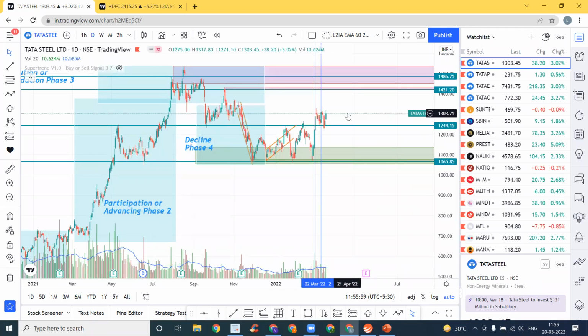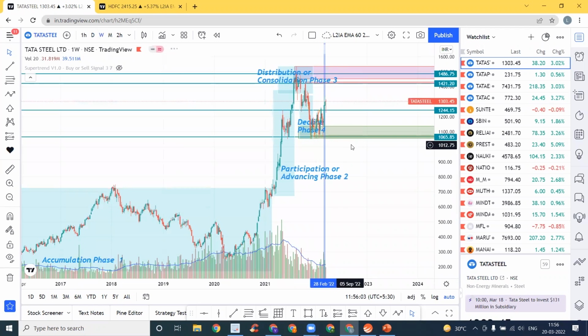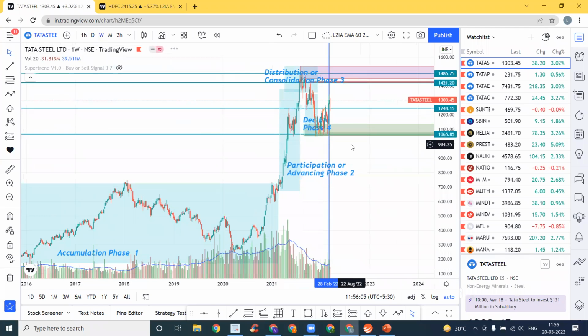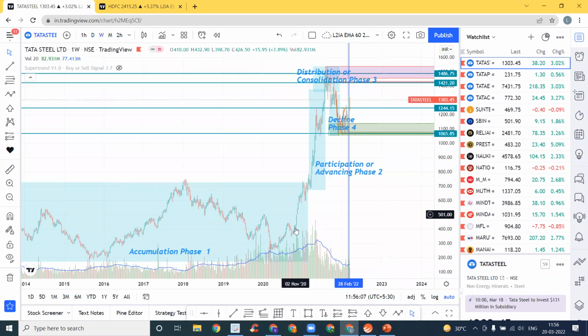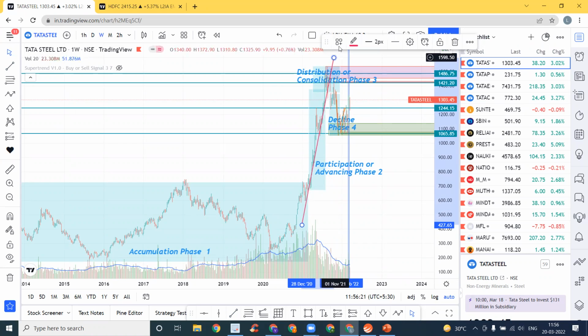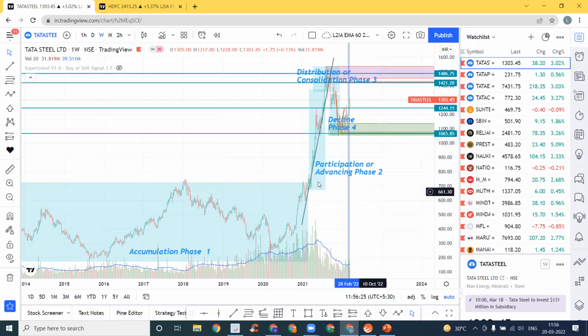I was showing many phases here, but just now you concentrate only on what I'm showing you. Here, you can see, from year to year, there was a continuous upward movement. The stock moved up.